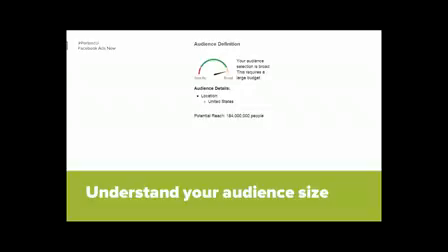So the gauge here is going to show too broad, green section kind of in the right area, and too specific is a little bit too small. If you're too broad, you need to find ways to tighten your parameters. And if you're too specific, you're probably not going to have enough users to target, and your advertising numbers are either going to be insignificant, or your ads may not be able to show at all.